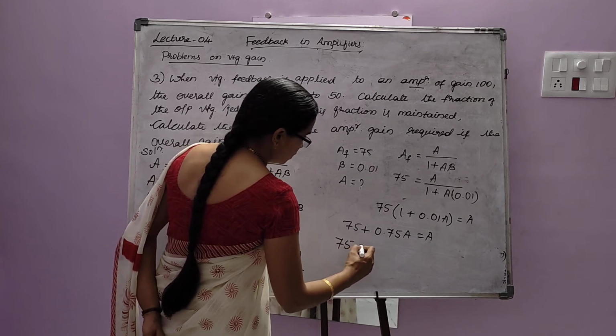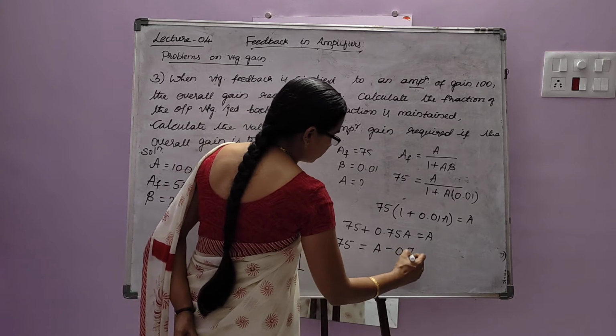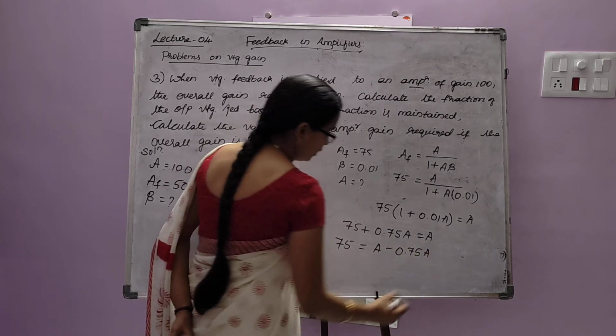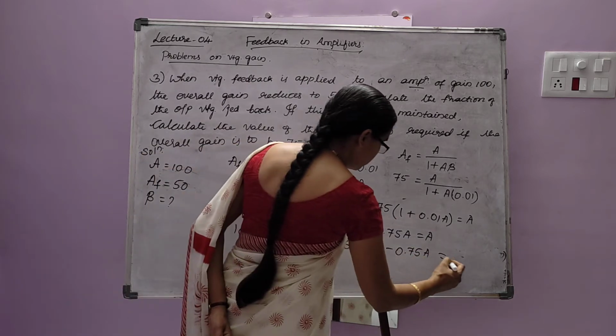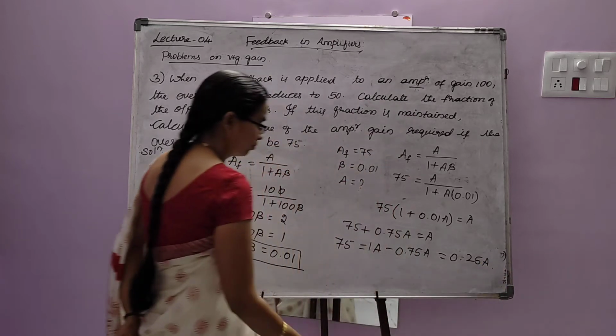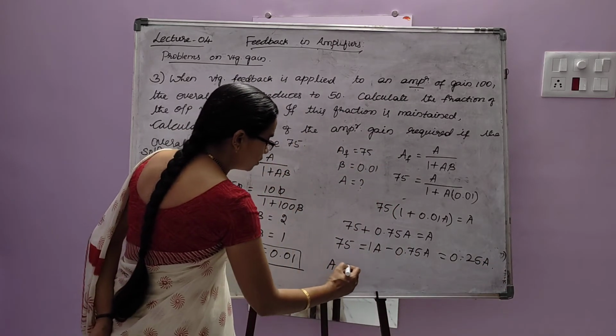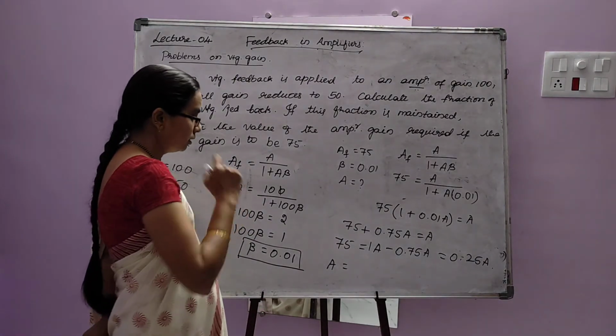75 is equal to A minus 0.75 A. It is 1A minus 0.75 A, that is 0.25 A will be. So A is equal to 75 divided by 0.25.